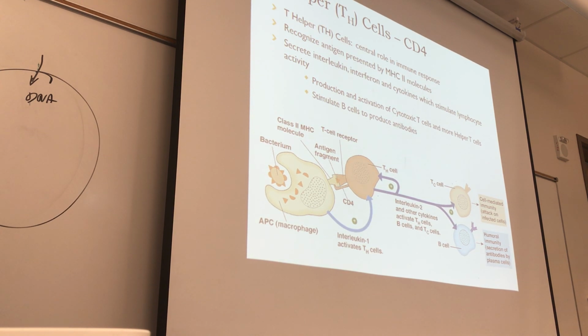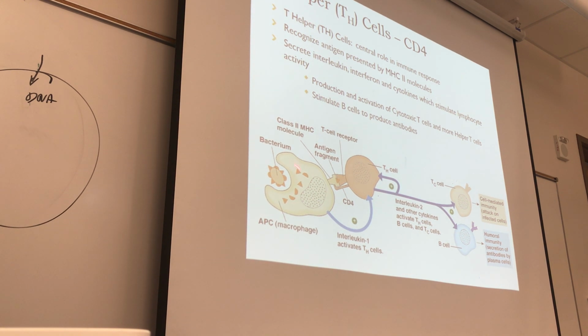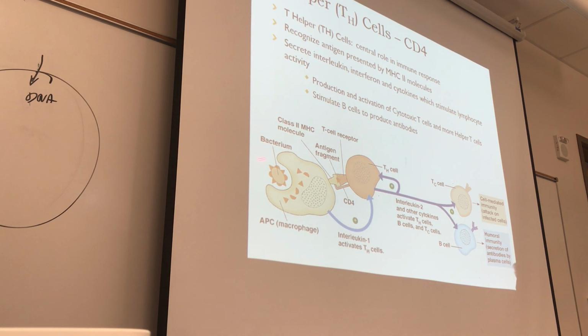And we get the T cells stimulated for the attack and the B cells for antibody production. Again, different picture, same thing. So again, I have a macrophage, antigen presenting. It engulfs the bacterium, slices and dices it, puts part of the antigen on the surface. To clarify, when I say part of the antigen, it's a protein.